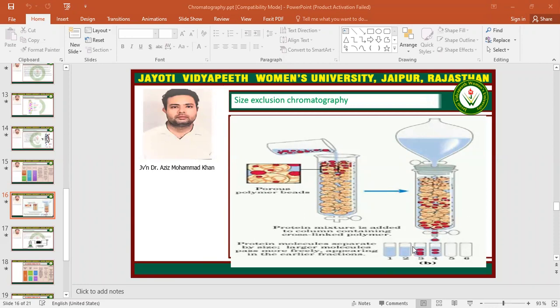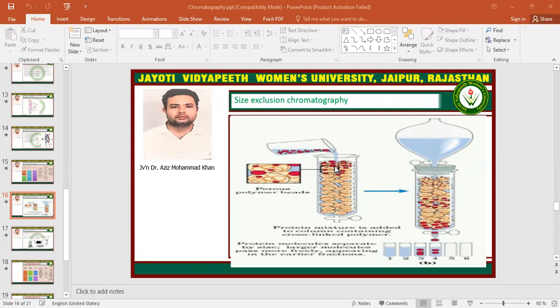Here we can observe that it is opposite to thin layer chromatography and paper chromatography, in which the smaller particles were separated easily. In this, the larger particles are separated freely, so they will move towards the end very freely.